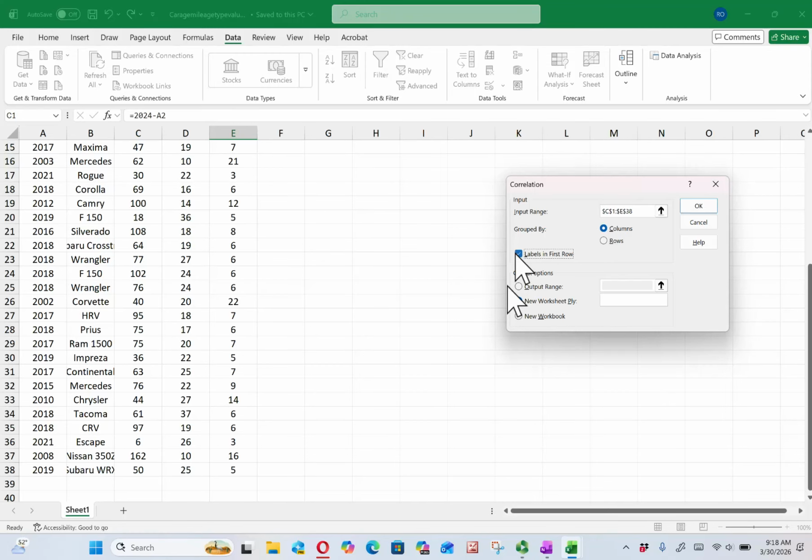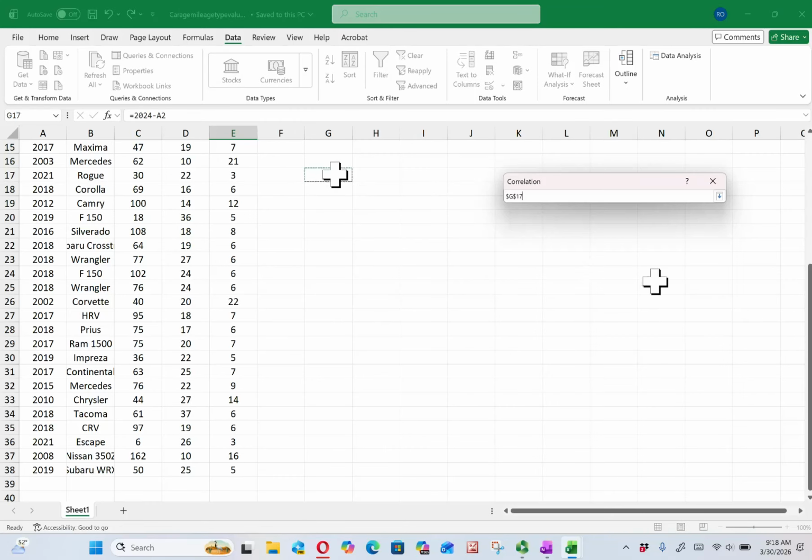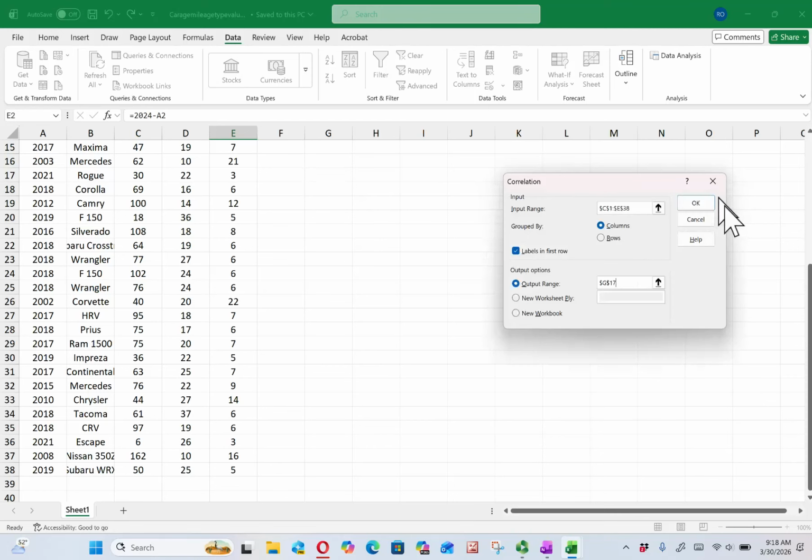This is going to put information there that'll tell me what the variable is. Otherwise, it just says variable 1, variable 2, and so on. And then the output range, just pick a spot that's convenient. And then OK.